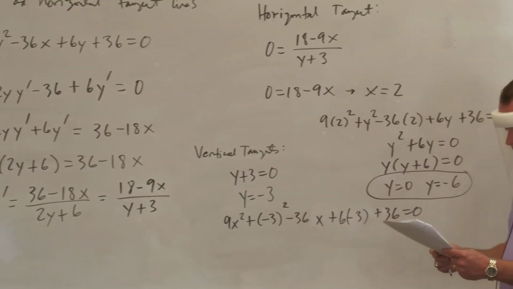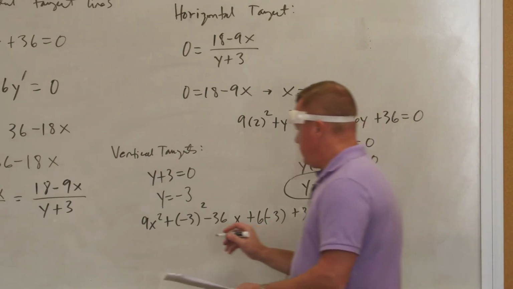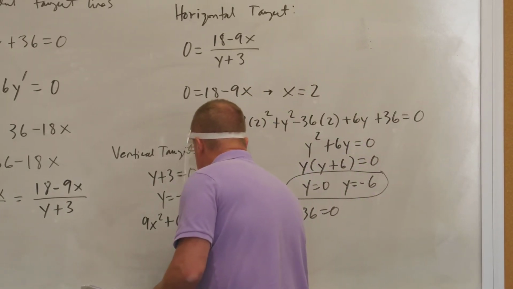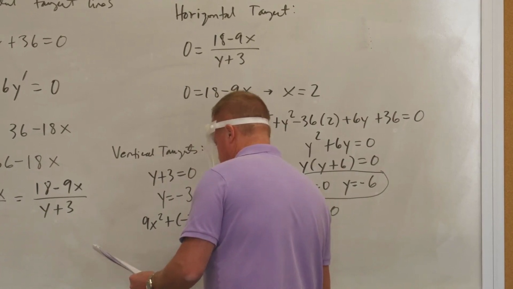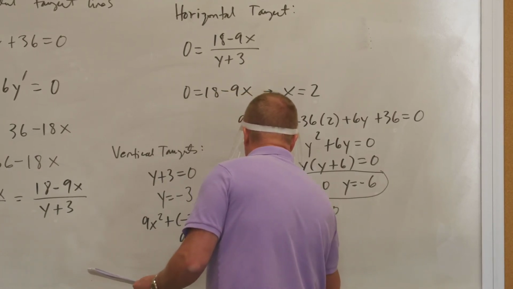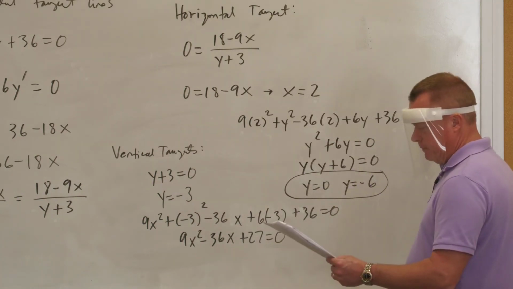Okay? And then that would give me 9x squared minus 36x plus 27 equals 0.